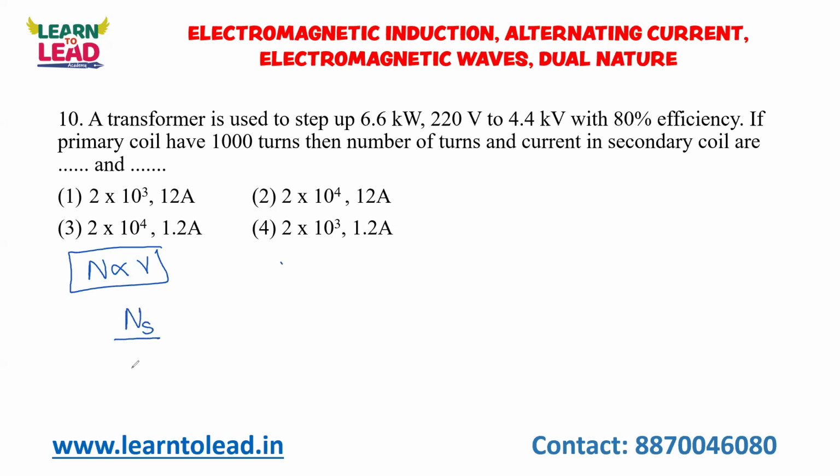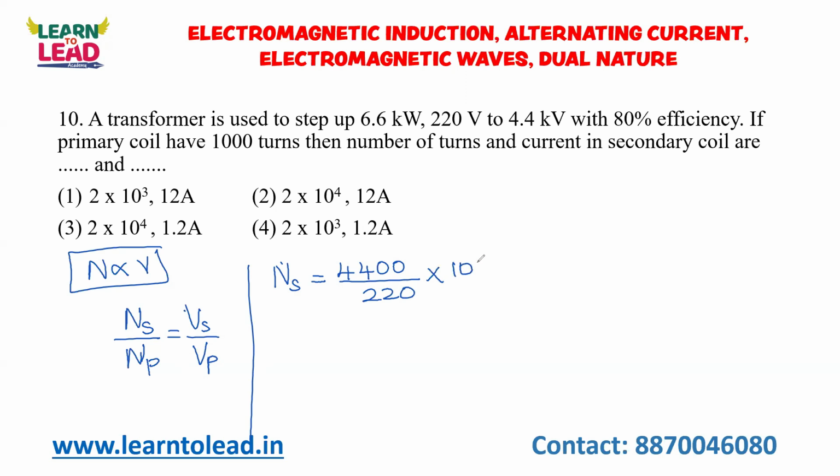Number of turns in the secondary divided by number of turns in the primary is equal to voltage in the secondary divided by voltage in the primary. Right? Number of turns in the secondary is equal to 4400 divided by 220 into number of turns in the primary 1000. Okay, so the number of turns in the secondary is 20,000.